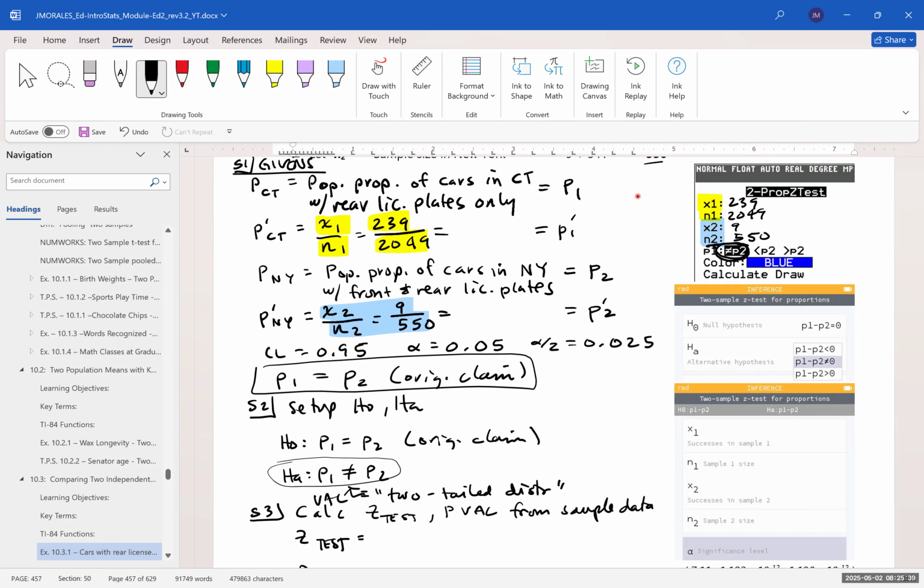With the NumWorks calculator, we're going to go to the Inference app, choose a two-sample proportion, and that's going to be a two-sample proportion z-test. What we're claiming is that the difference between the two populations is 0, which is kind of what we have going on here. And the alternate hypothesis is not equal to.